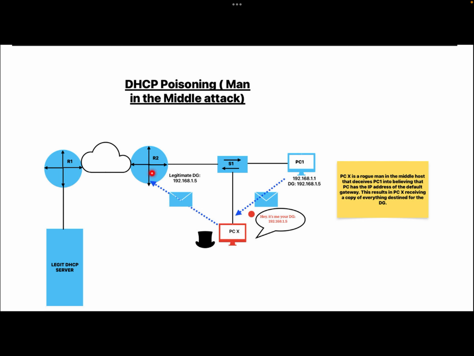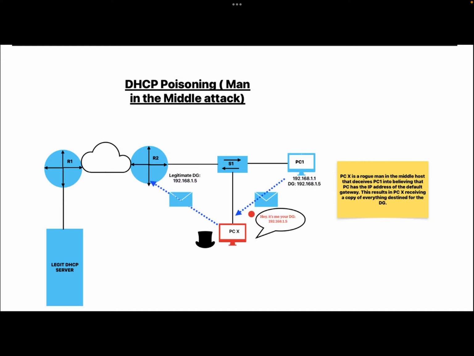And this results in PC1 thinking that the route passes to PCX as the default gateway, so it sends everything to PCX, which in turn will receive everything and then send it to the legitimate default gateway.